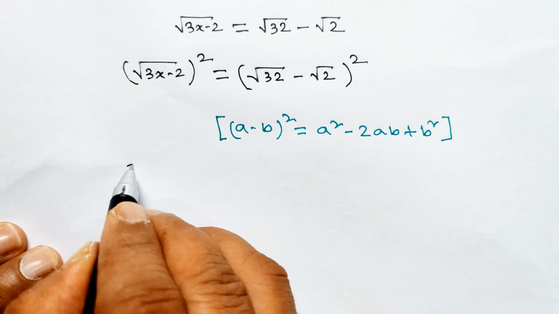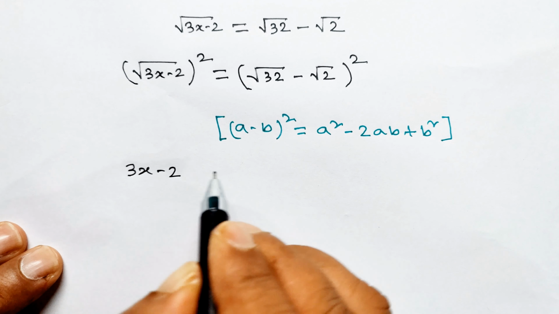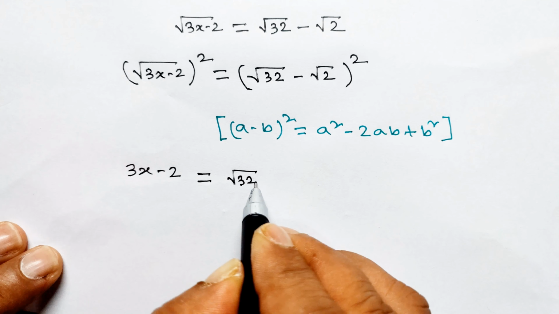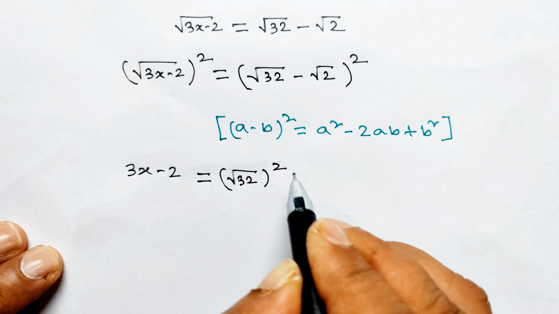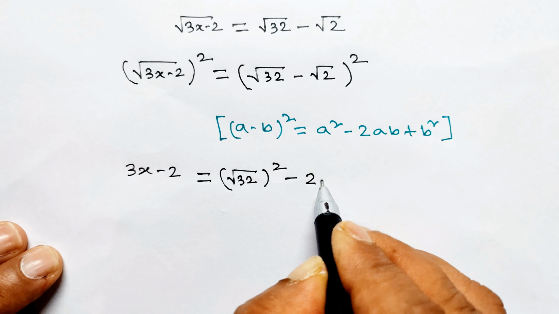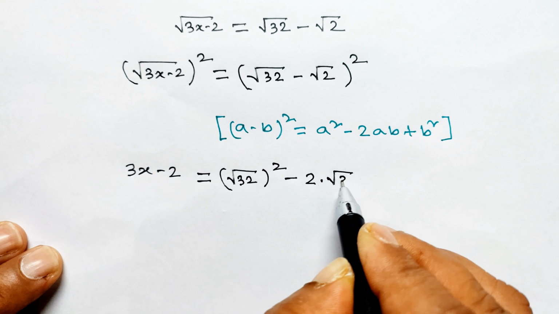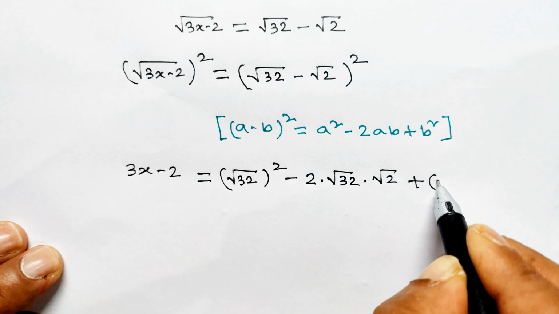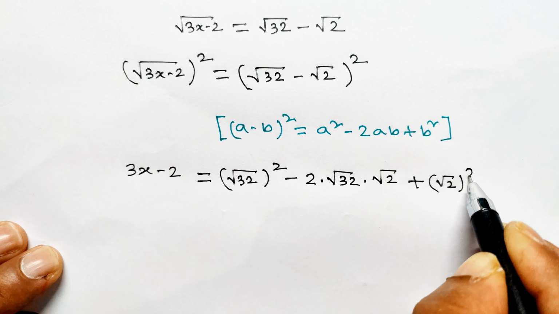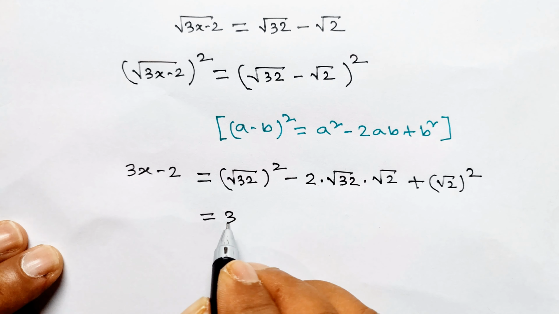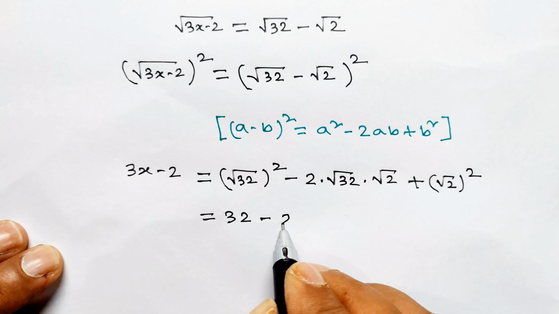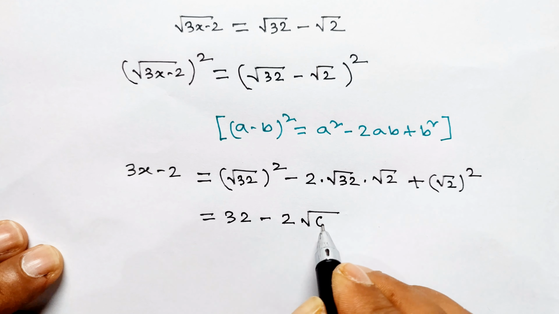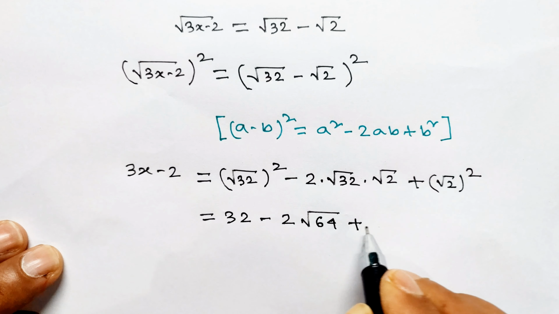Then we get 3x minus 2 equal root 32 whole square minus 2 into root 32 into root 2 plus root 2 whole square equal 32 minus 2 root 32 into 2, 64, plus 2.